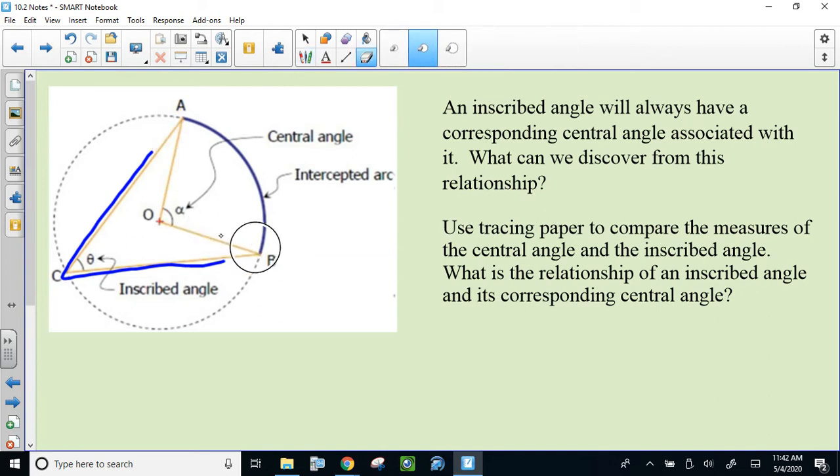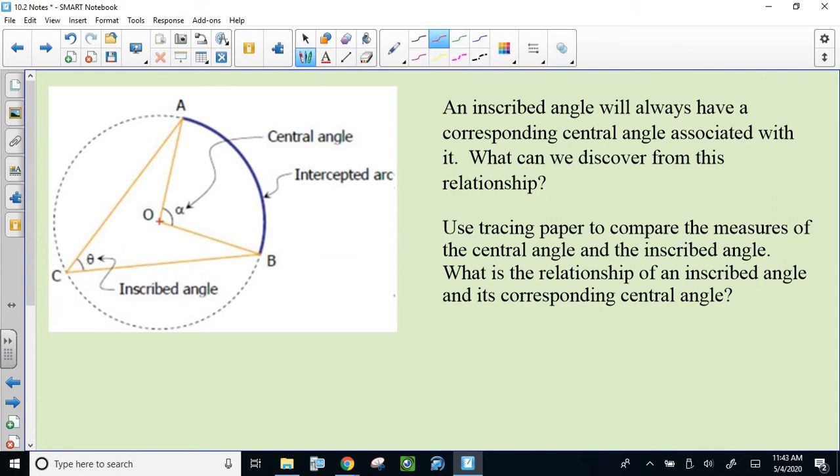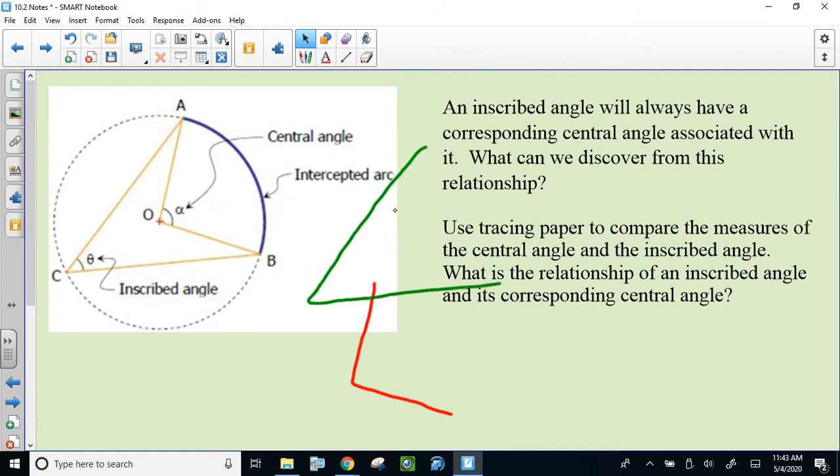So I'm going to erase these and trace them a little bit nicer. Here is my central angle. And here is my inscribed angle. So we want to know, how do they relate to each other?